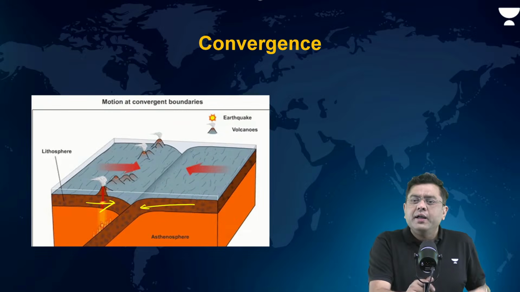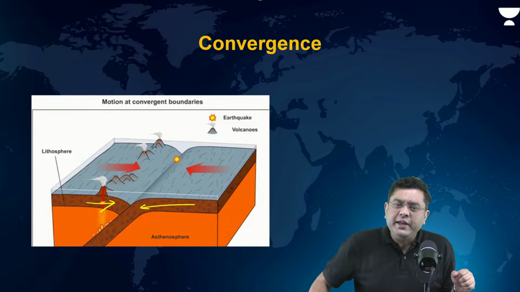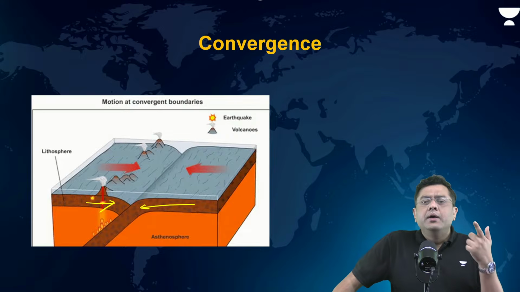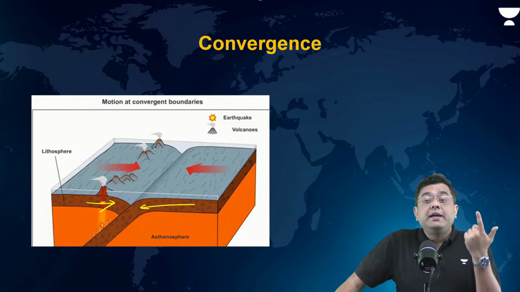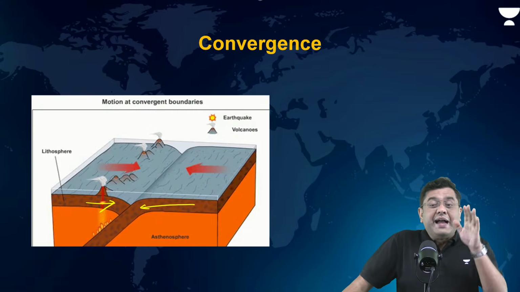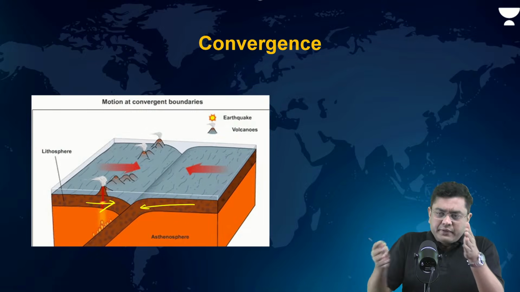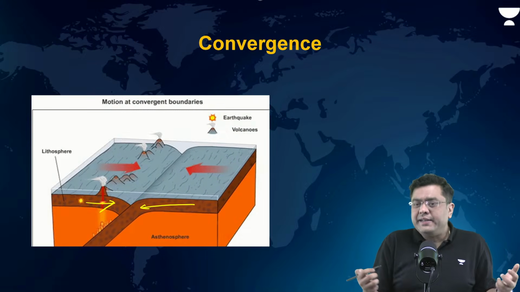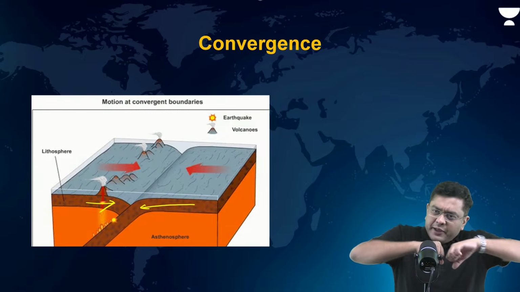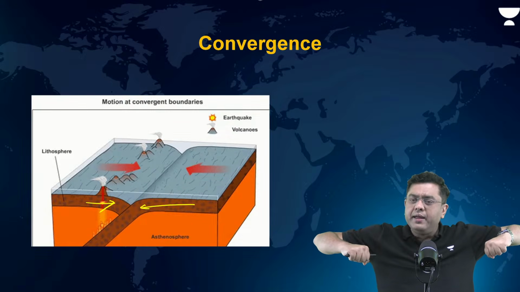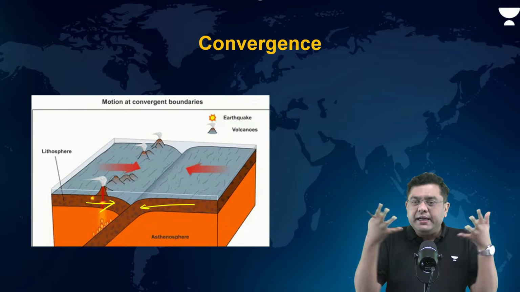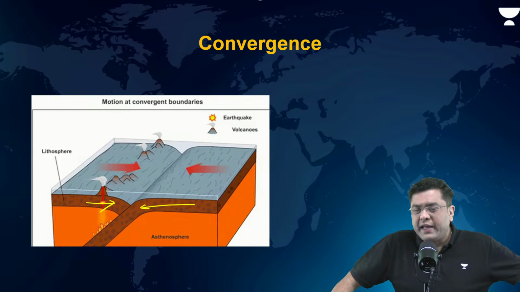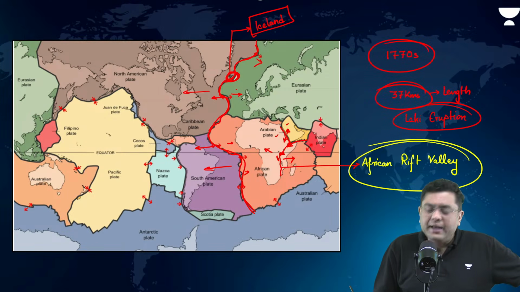That means the tensional divide between the two countries, politically and in the overall aspect of society, keeps on increasing. So that is what a rift basically means, a divide created by tension. Whenever you have materials pulling away, there will be a divide. In the land areas, that divide can create valleys and oceans, hence the African Rift Valley.